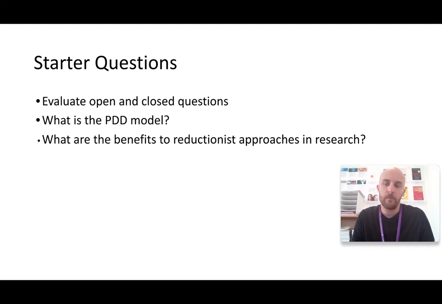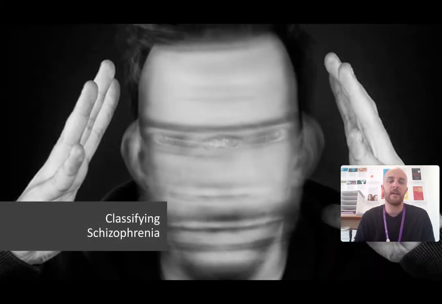So, hopefully, you have looked at the video or the screencast that is called "What is Schizophrenia?" You kind of need to have that knowledge beforehand. What we are looking at here is the reliability and the validity of the classification and the diagnosis of schizophrenia.